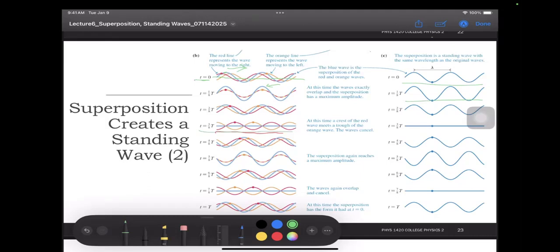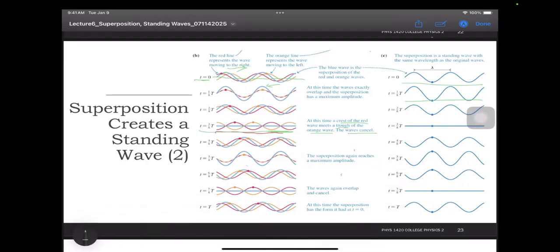And at this time, the crest of the red and the orange meet, so the wave is cancelled. Here the displacement equals zero, and then here is the blue one.